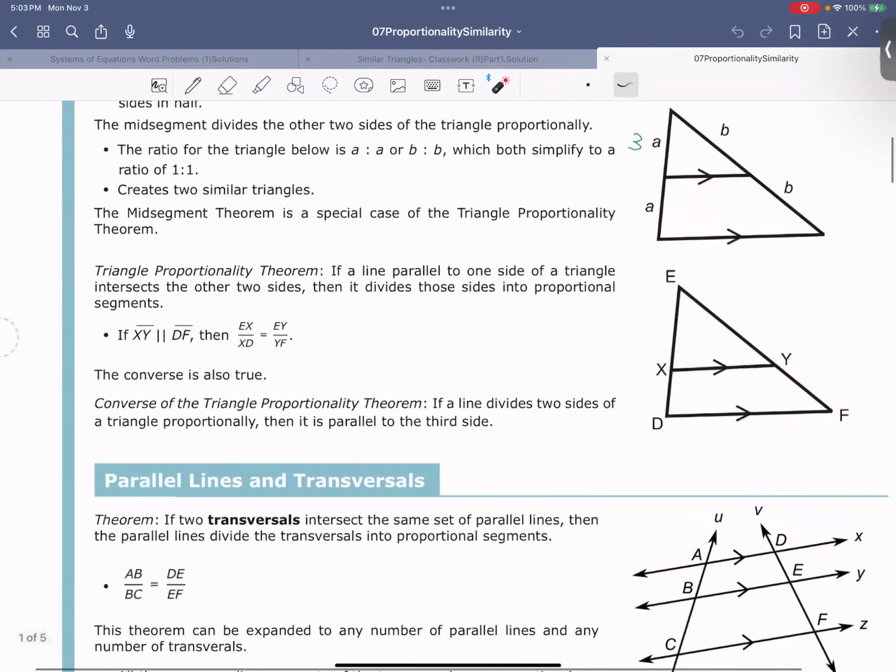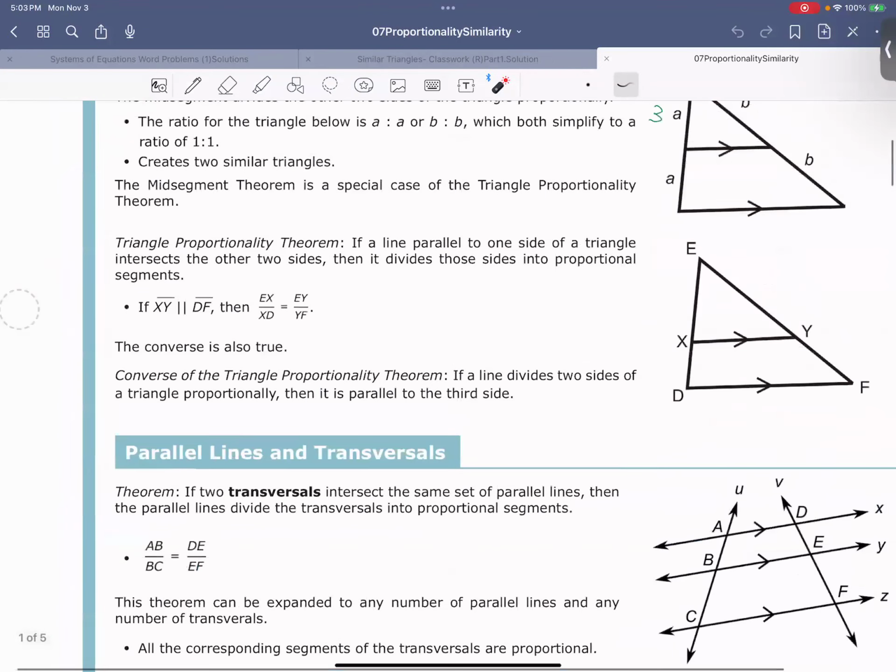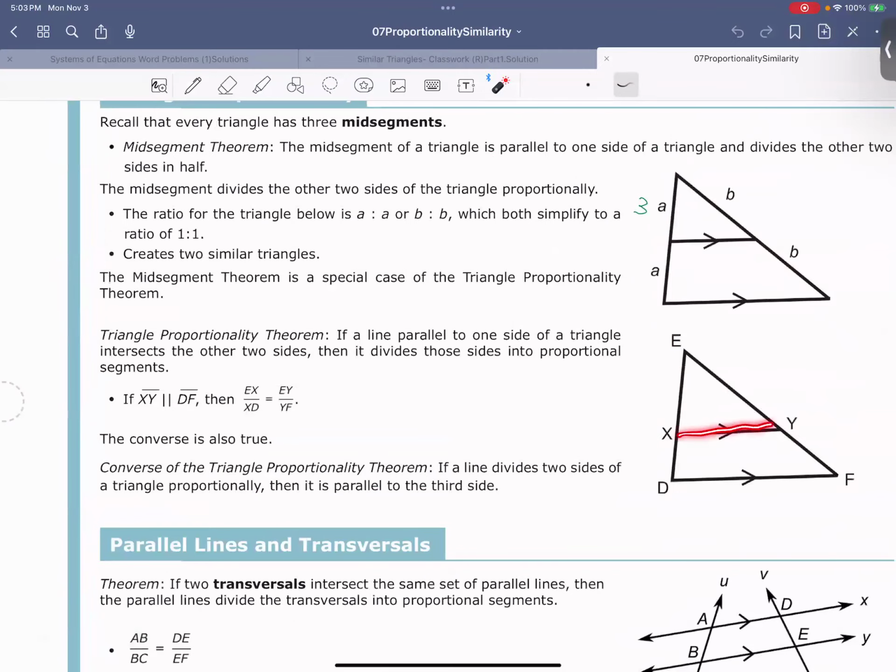Okay. So inside this triangle, if this line is parallel to this line, immediately you can prove these two triangles are similar. If they are similar, you can say this divided by this equals this divided by this, because in similar triangles the corresponding side ratios are equal.